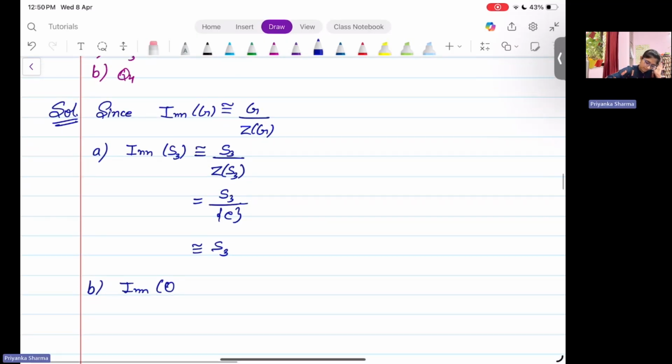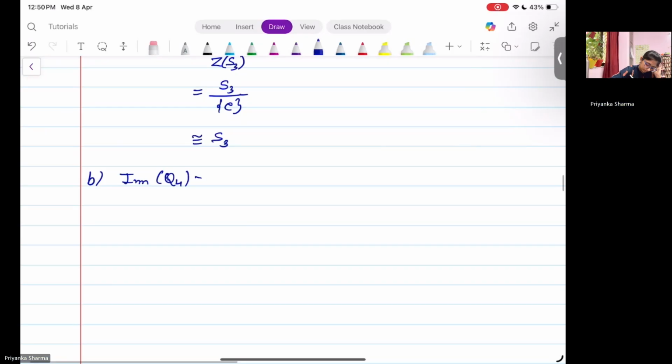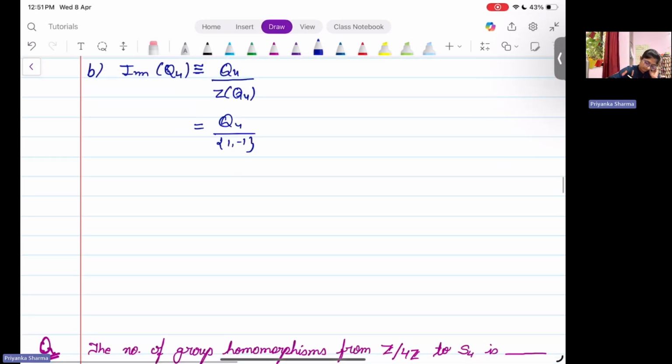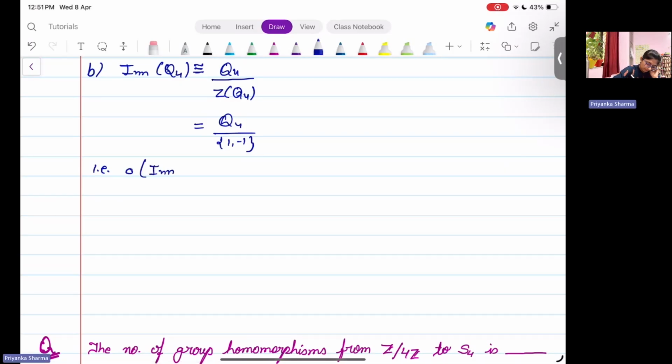Now the inner automorphism group of Q4, the quaternion group. What is the center of Q4? The center of Q4 has two elements, 1 and -1. The order of the inner automorphism group of Q4 is the order of Q4 divided by the order of this group.